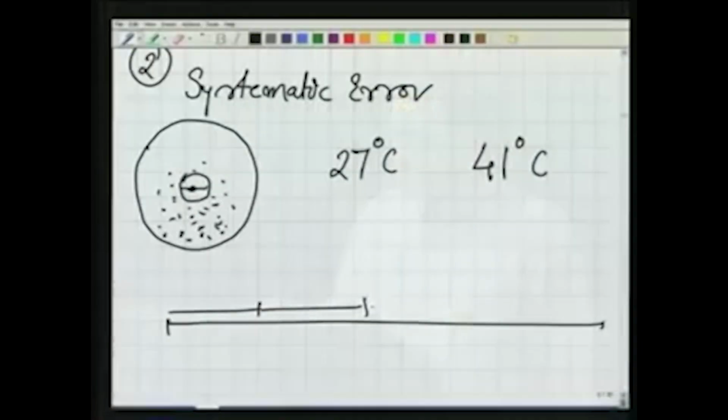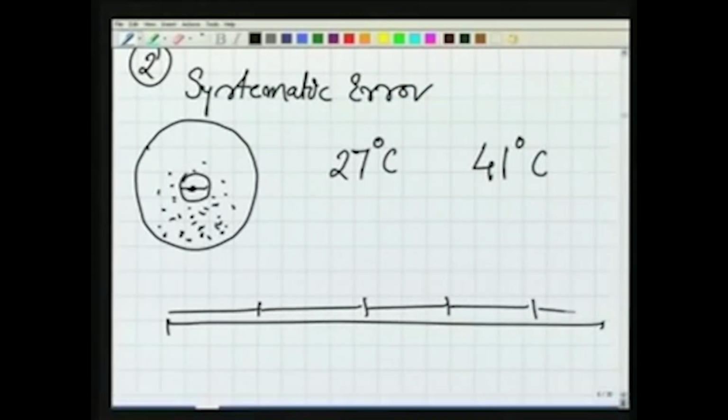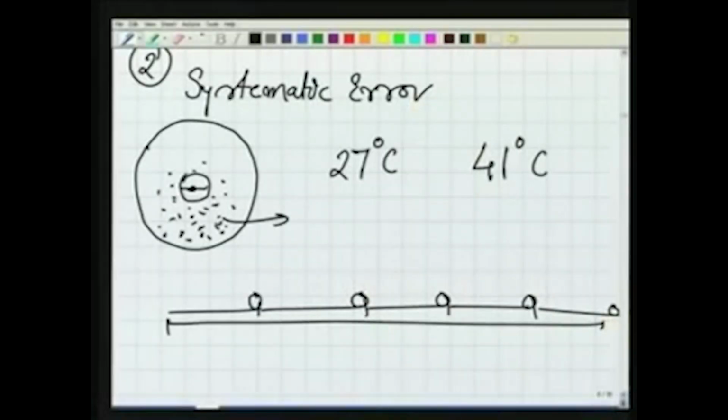Let us say I use this scale to measure this length, and I keep this scale once, twice, thrice, 4 times, and so on. So what I am doing is introducing some error always, everywhere.